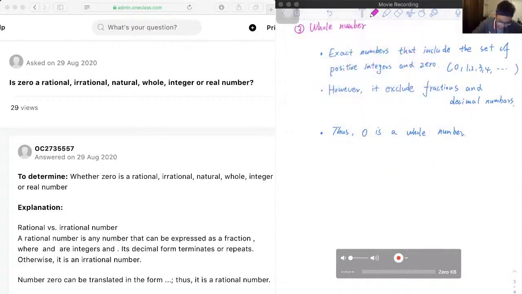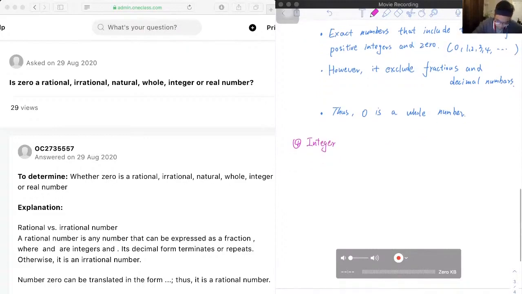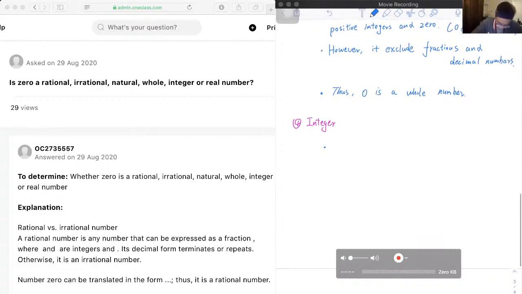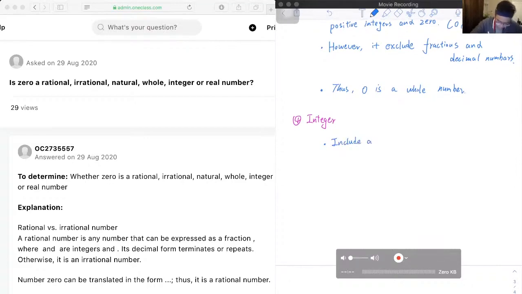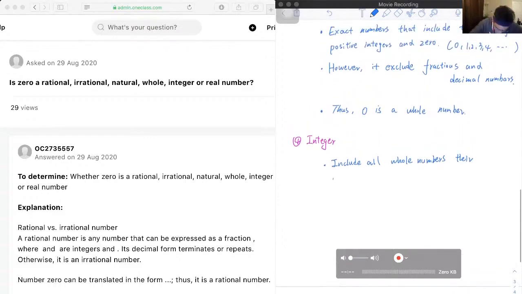And then let's see if it's an integer. Integers include all whole numbers and their negative counterparts.